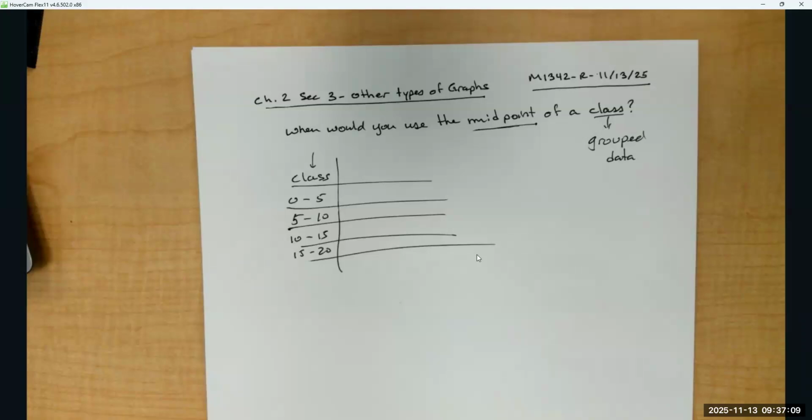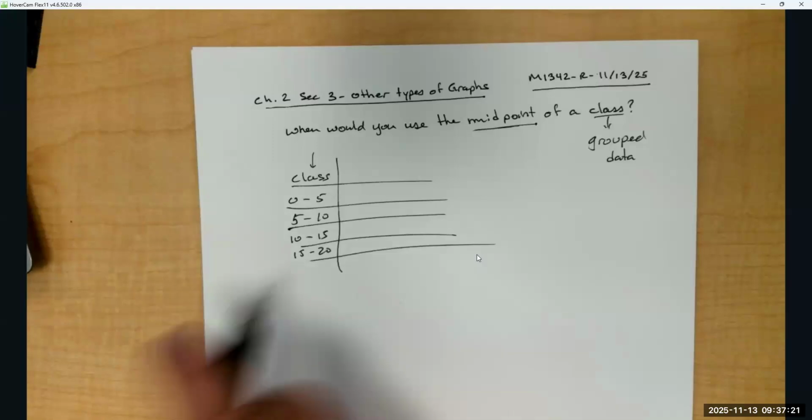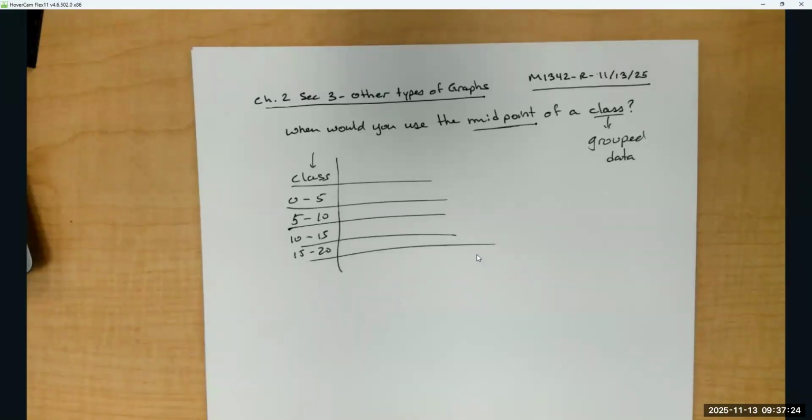I mean, it's in the word itself, midpoint. Middle of what? Ah, yes. So in the first class, what's the midpoint?